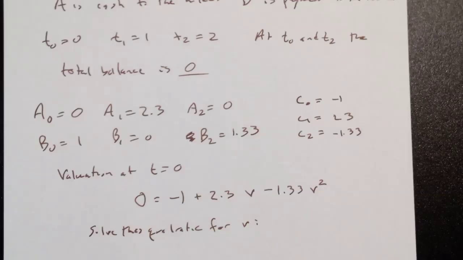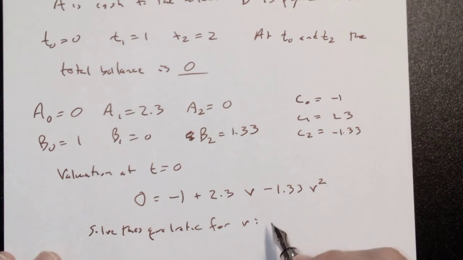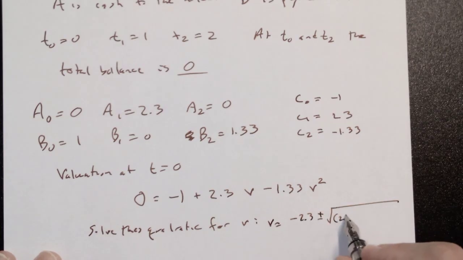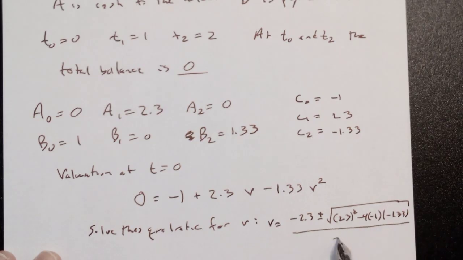And when I do that, what happens? Because 2.3 squared minus this is a negative number.